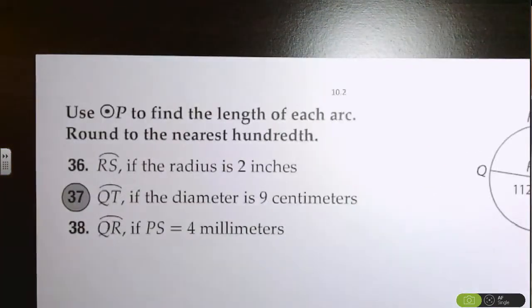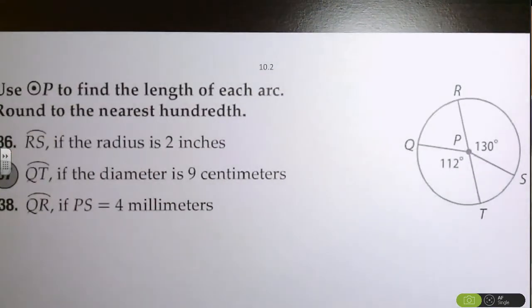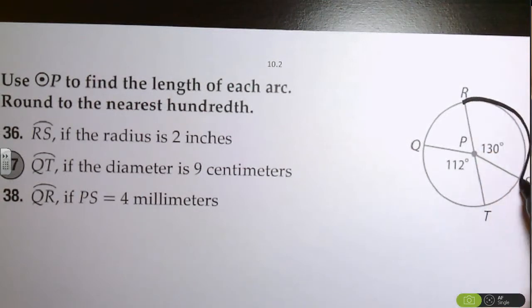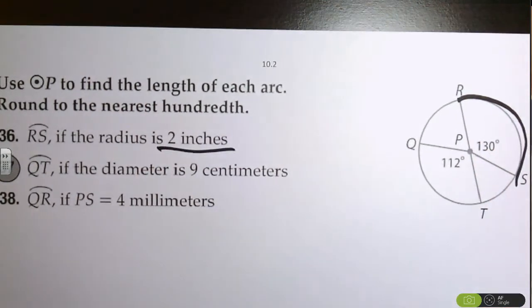Next example, finding arc length. Okay, physical length, not angle length. So 36 says, find length of RS if the radius is 2 inches.